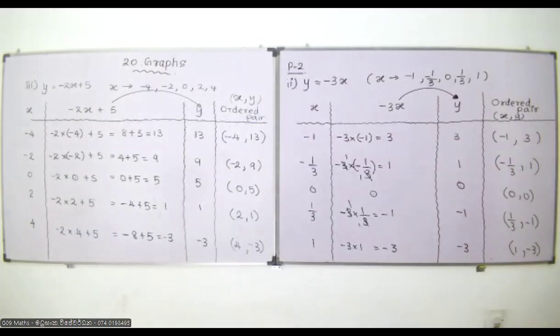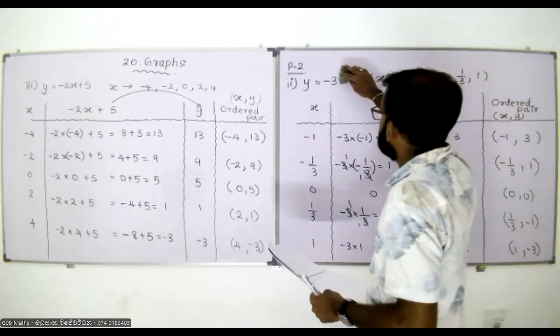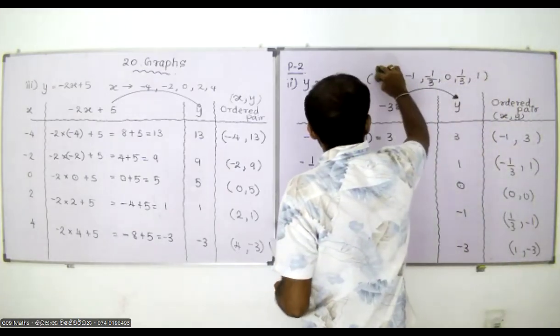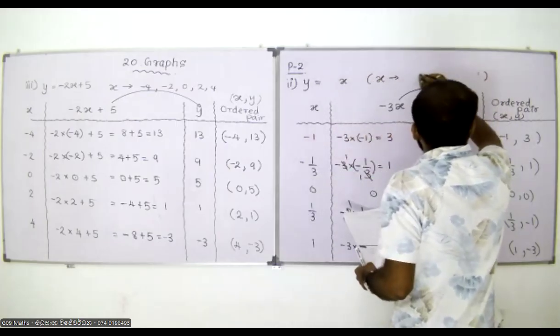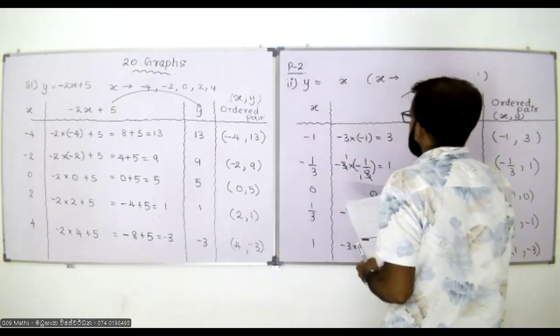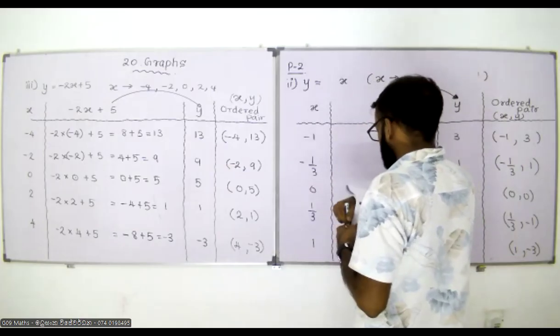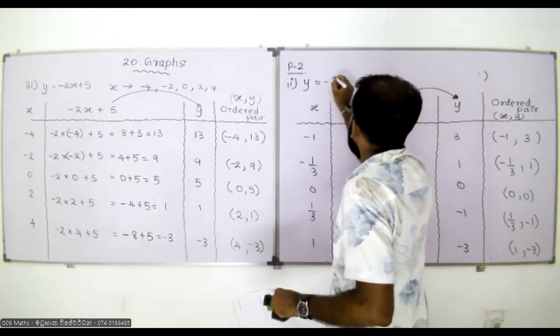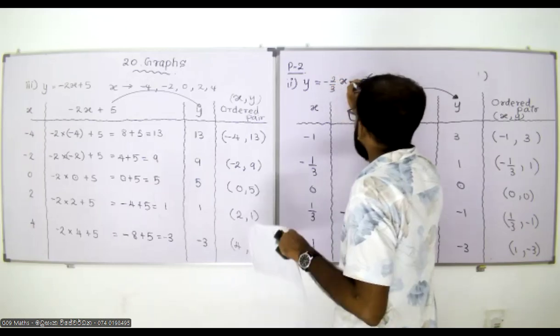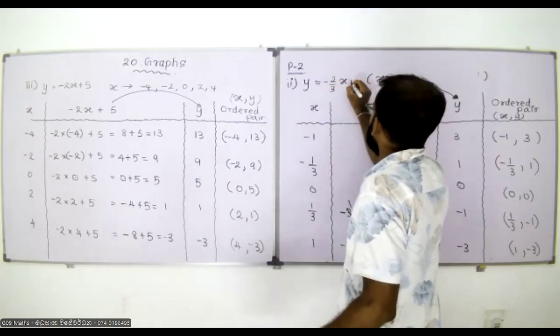Then don't do the fourth one. If you want, you can do the fourth one, right? But do the fifth one. y equals negative 2 over 3 x plus 5.